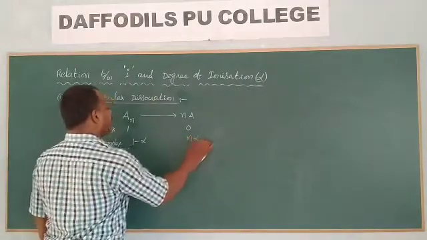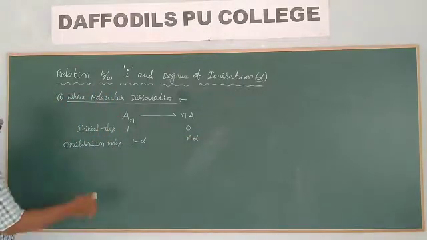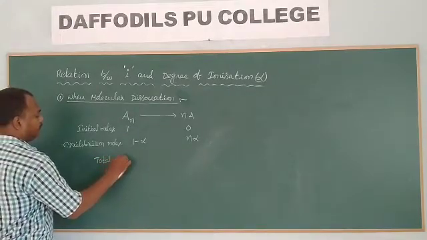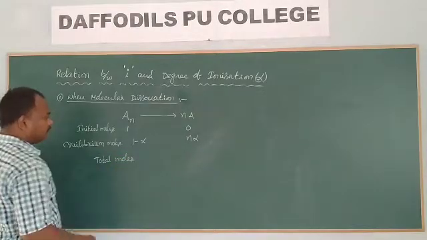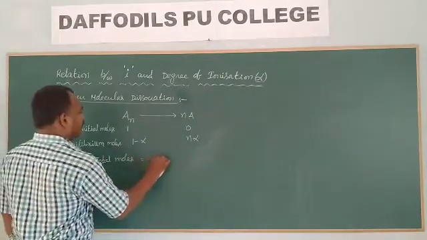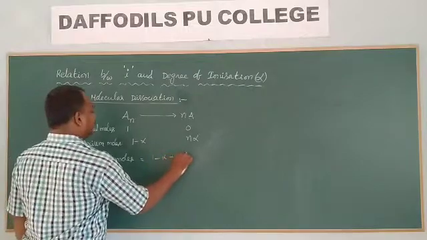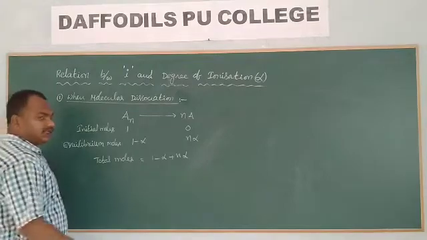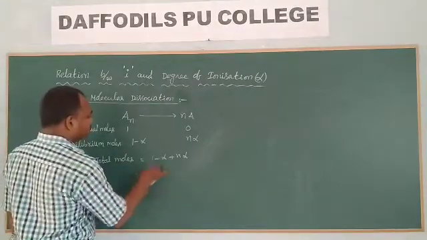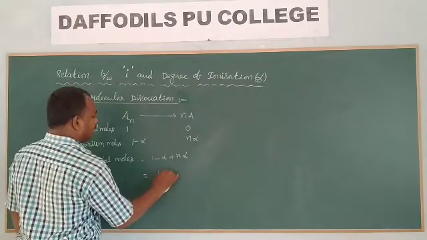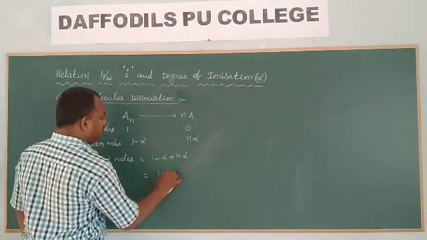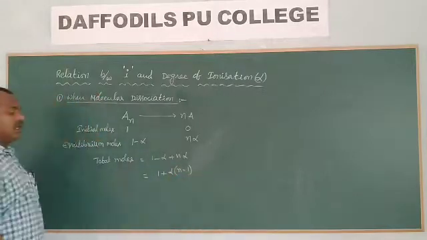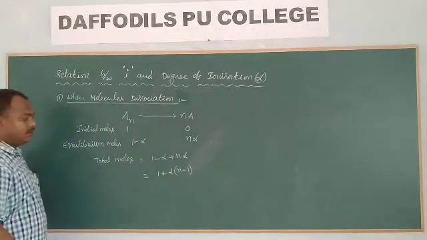Here you get the total moles at equilibrium: 1 minus alpha plus n alpha. Total moles at equilibrium is 1 minus alpha plus n alpha. Taking alpha as common, we get 1 plus alpha into (n minus 1).